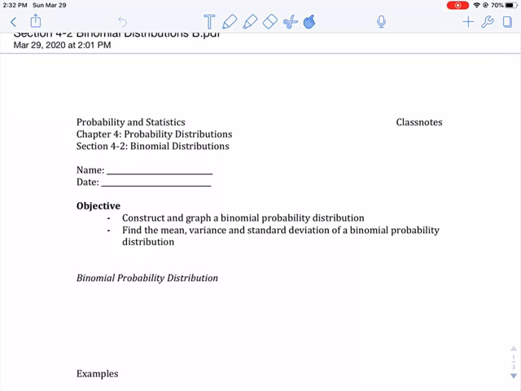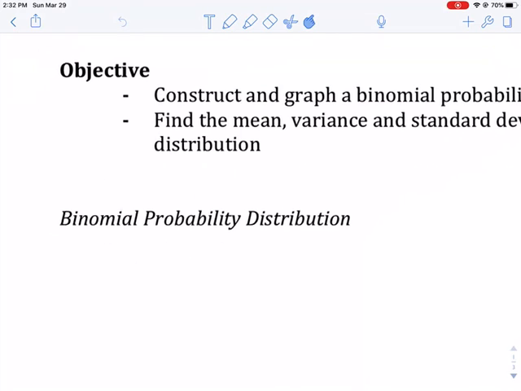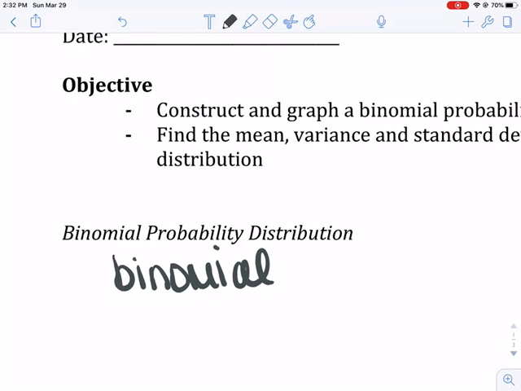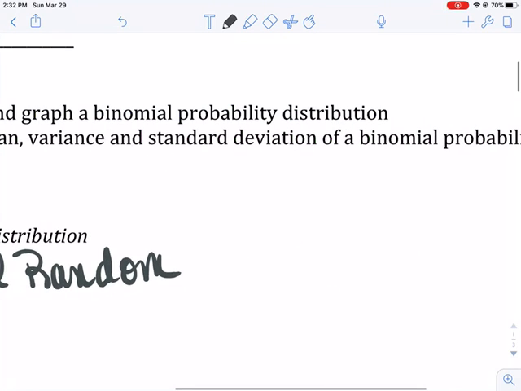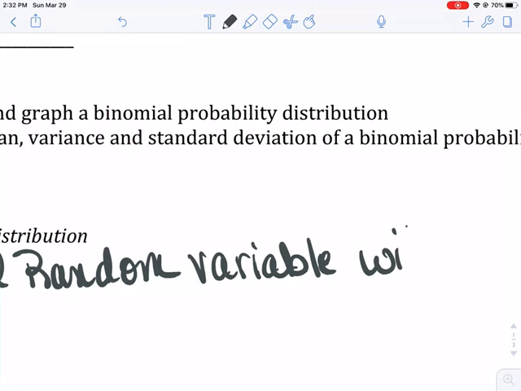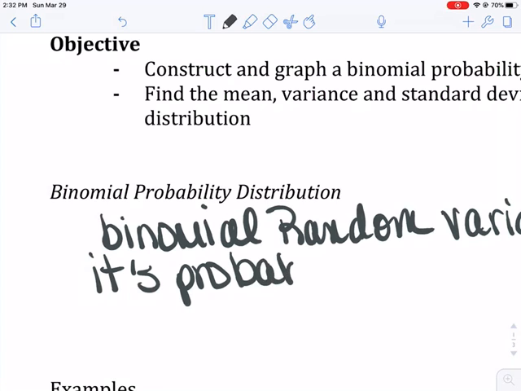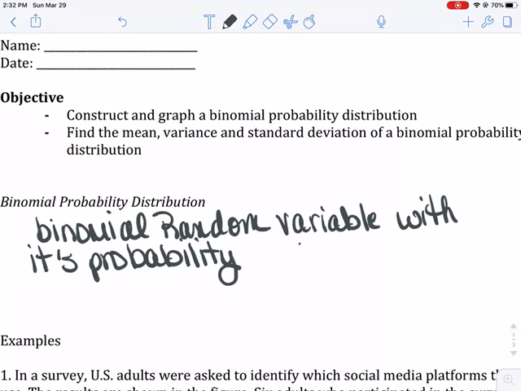Basically, it's all of the random variables, the binomial random variable, along with its probabilities. Okay, so again, we're going to make a chart.